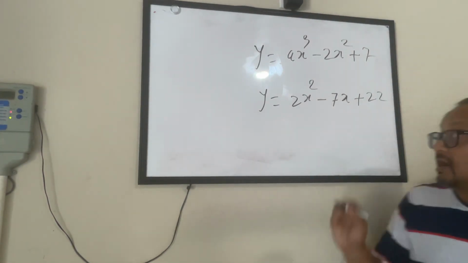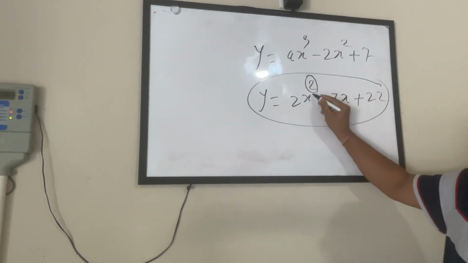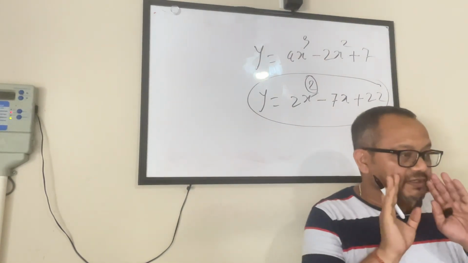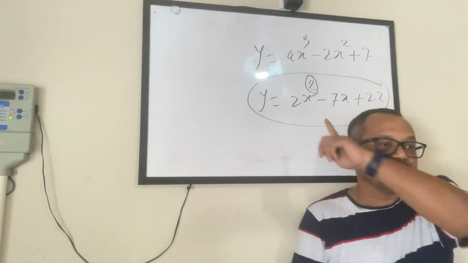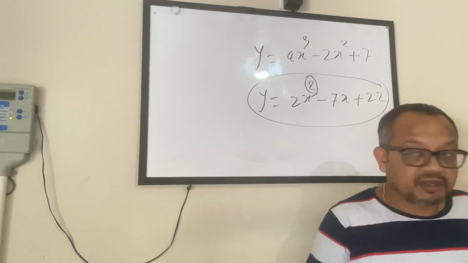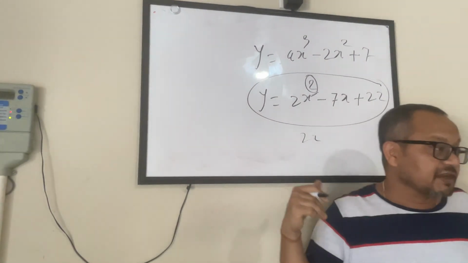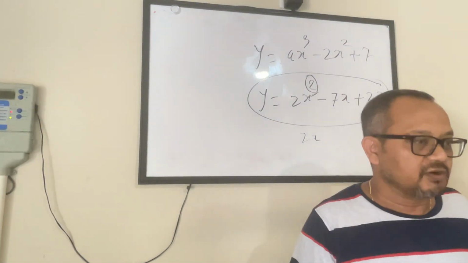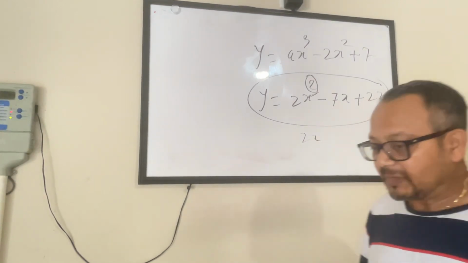Number 2. This one, because the maximum power to the variable or the exponent is 2. This is the simplest and the easiest definition of a quadratic equation, where your variable has the power 2. I would not say maximum power, because if the minimum power is this, it becomes a linear equation, not a quadratic equation. Okay? So far, okay? Yeah? Okay.